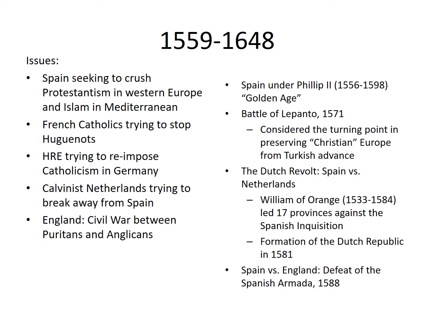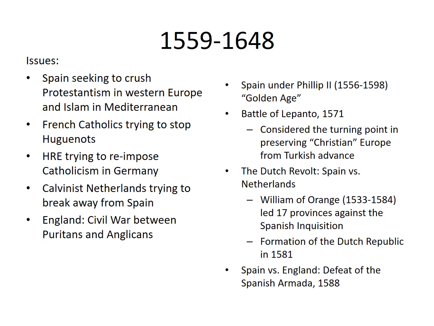And in England, a civil war between the Puritans and the Anglicans, Puritans being Protestants that wanted to purify the Anglican Church, which was also Protestant but was like Catholic light, and make it more Protestant in its practices.